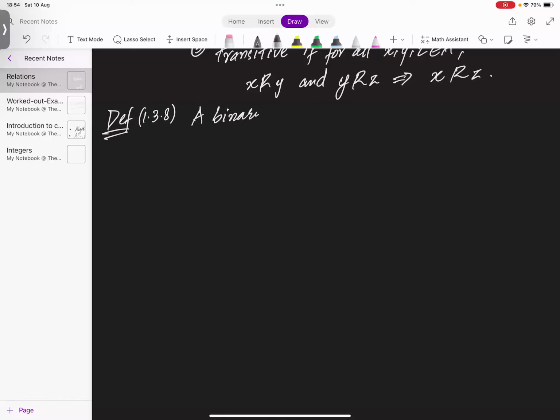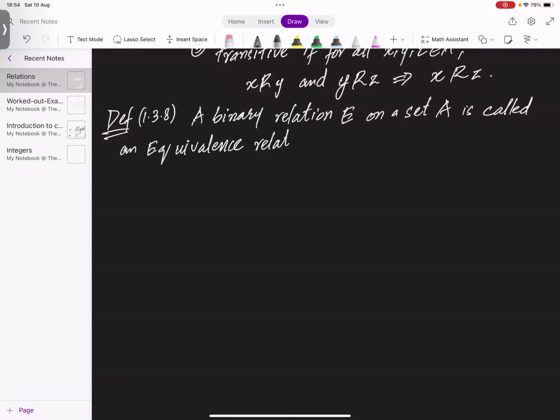A binary relation E on a set A is called an equivalence relation on A if E is reflexive, symmetric and transitive.